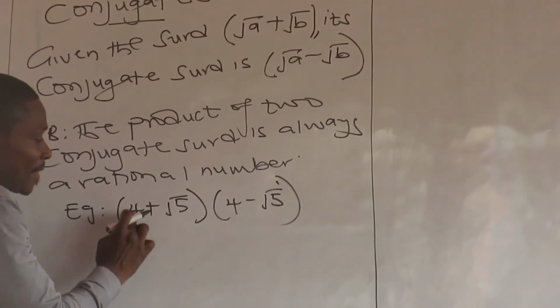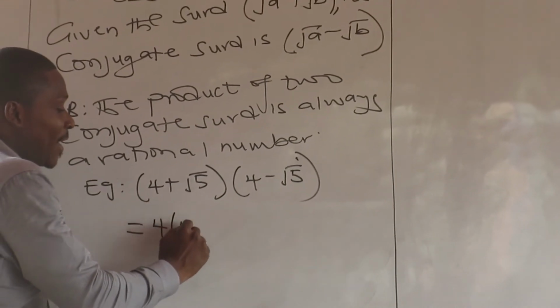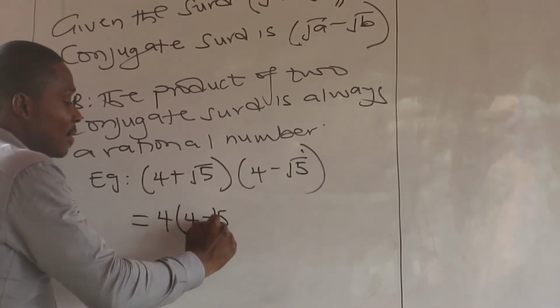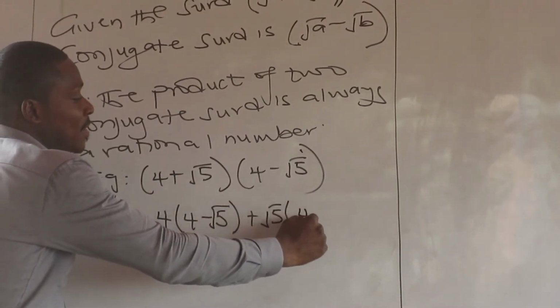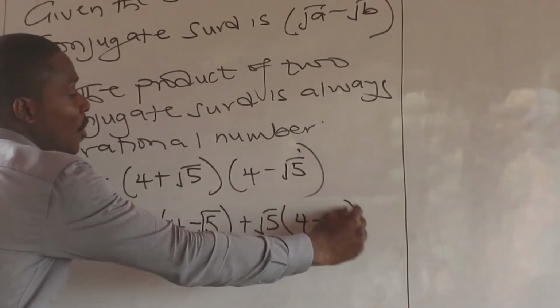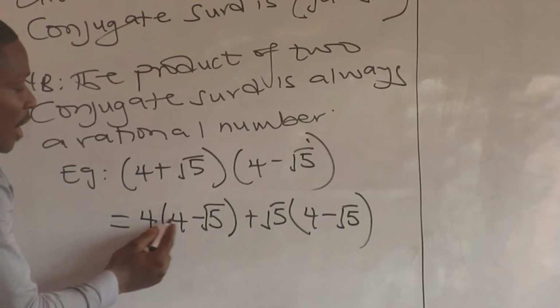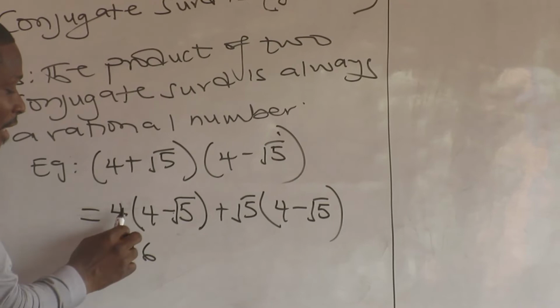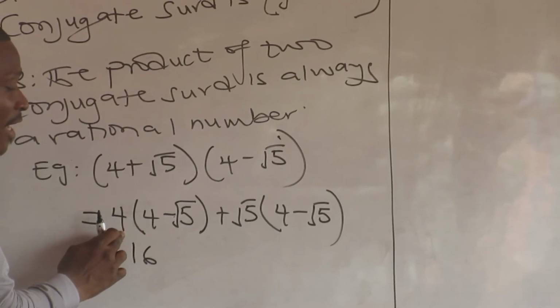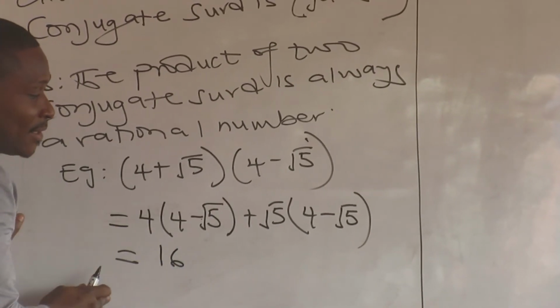Let's check. Now, how do we multiply surds? It follows the same principle as algebra multiplication. Now 4 times 4 is 16. Now 4 by root 5. You see, I told you, once you are outside and you're multiplying, you can never enter inside.